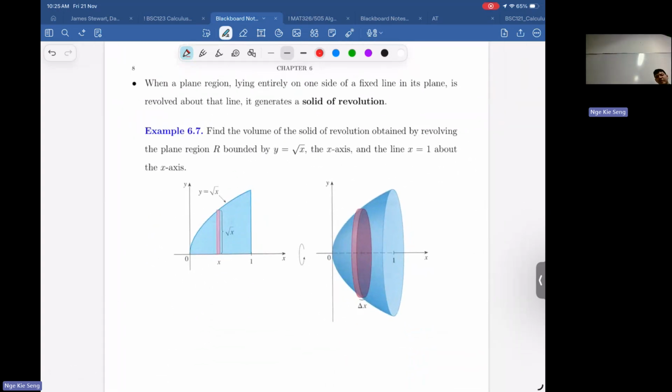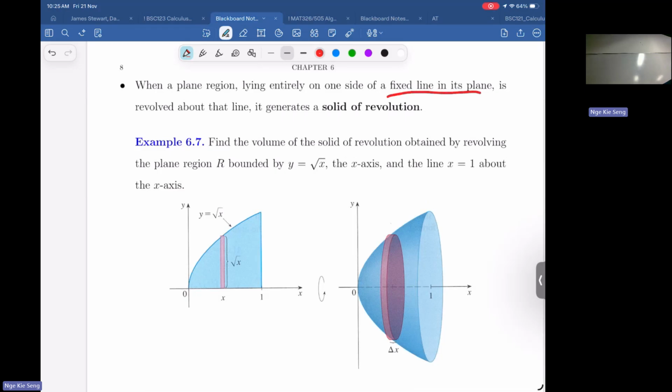So let's see how we apply this to calculate. If you have a plane region lying entirely on one side of a fixed line in the XY plane, so the fixed line here is y equals 0, and you revolve about that line. Revolve is like you rotate this plane here, and then you will generate a solid of revolution.